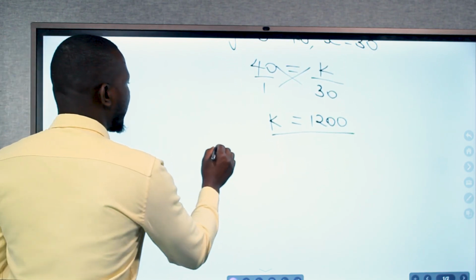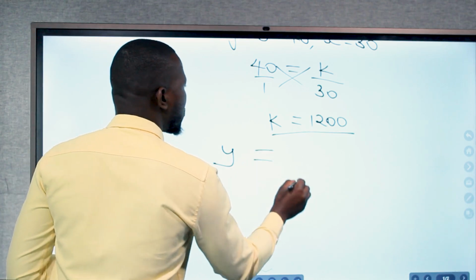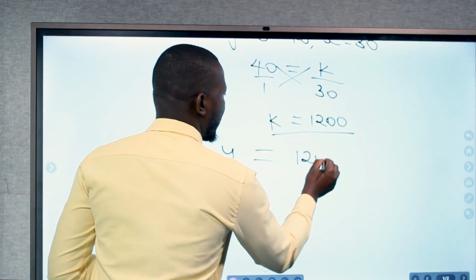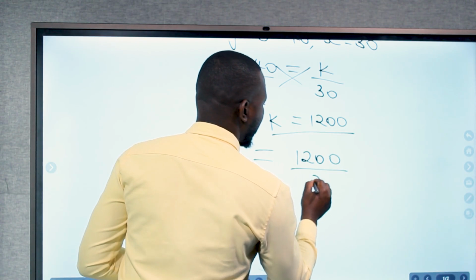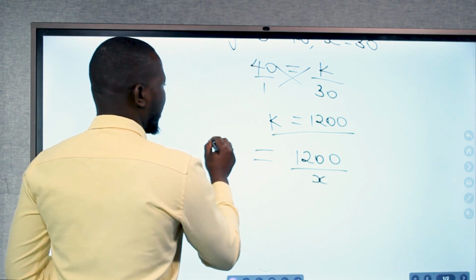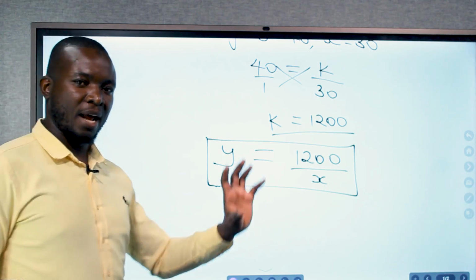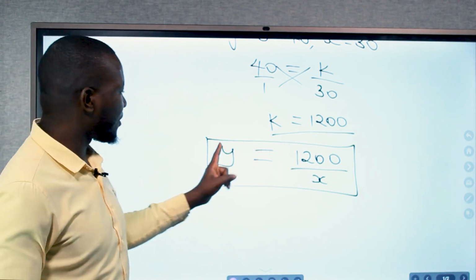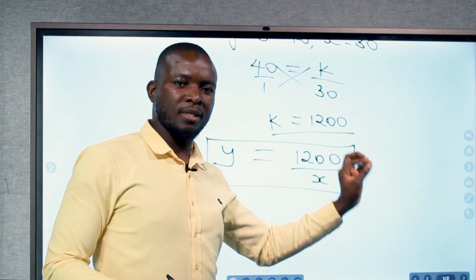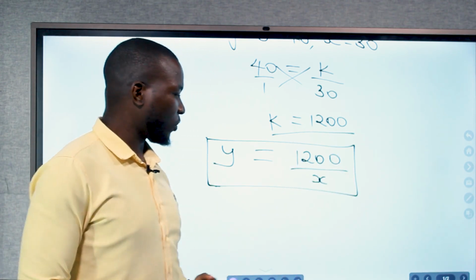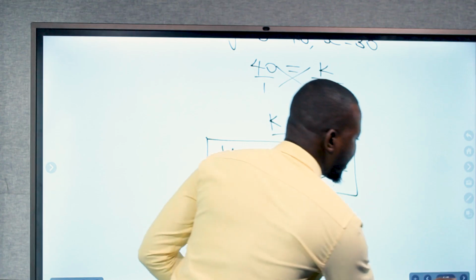So the equation will be y is equal to k, which is 1,200, out of x. This is the equation that is connecting x and y, where y is the number of workers and x is the number of days they take to complete the work.